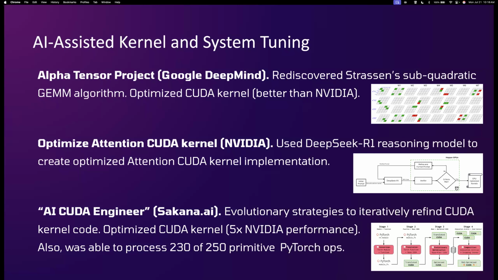But it really breaks down into about 250 primitive operations that all the other ones are really built on. And Sakana's AI CUDA engineer was able to actually process and understand about 230 of these 250 primitive PyTorch operations.